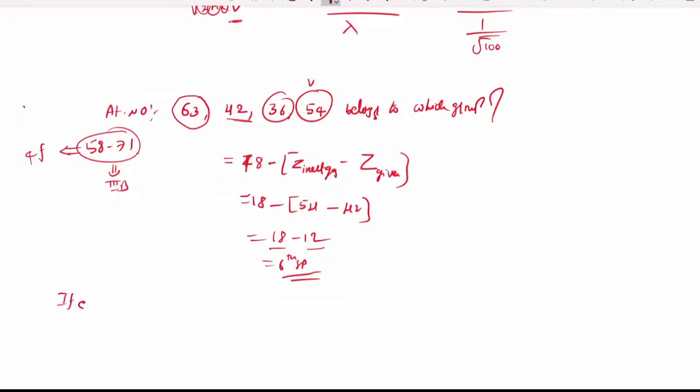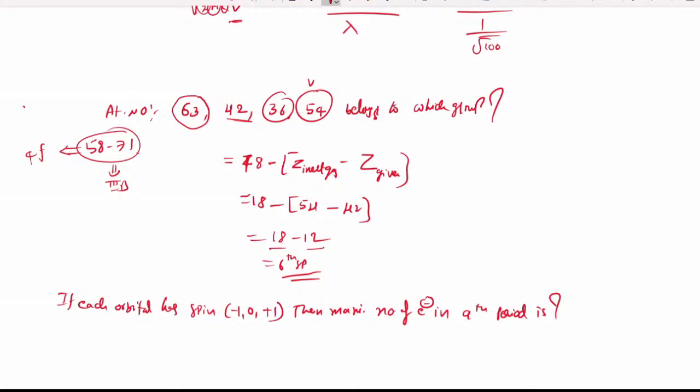If each orbital has spin -1, 0, +1, then what is the maximum number of electrons in the ninth period? Ninth period is how many?